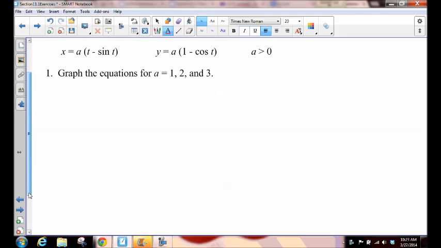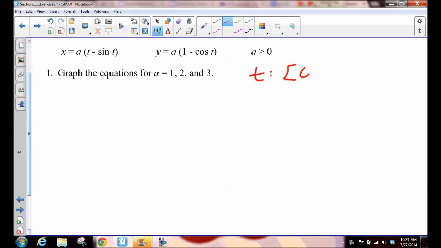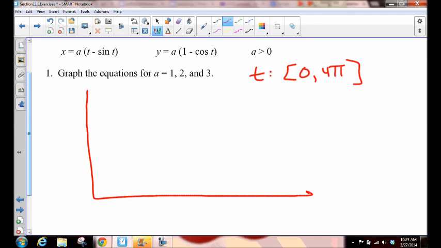Now I chose to graph these for the interval of t from 0 to 4 pi, and my axes went out to 20 in x and about 10 in y.